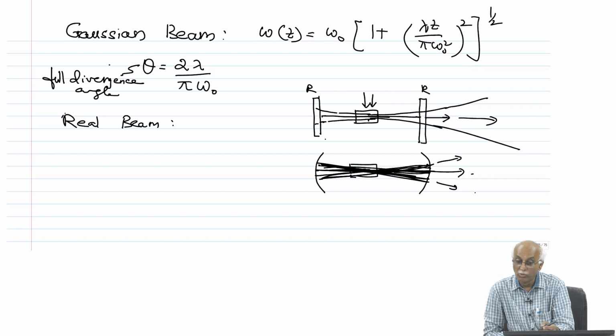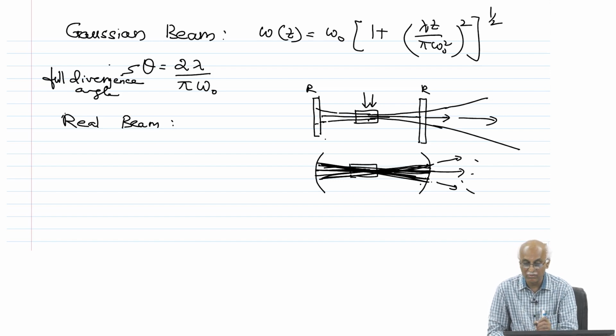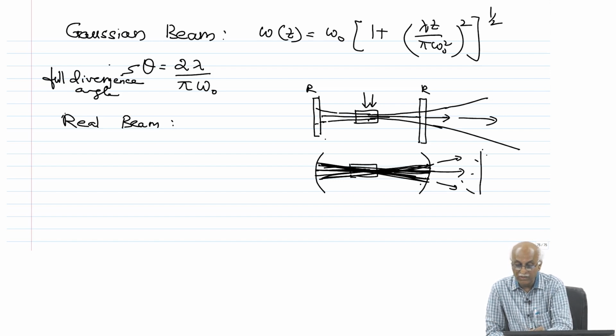So the laser beam characteristics that you will see here will be a combination of all these transverse waves coming into the picture, and the beam intensity distribution is different.